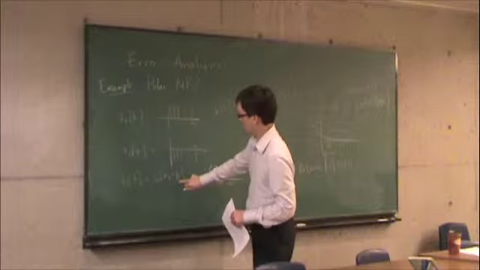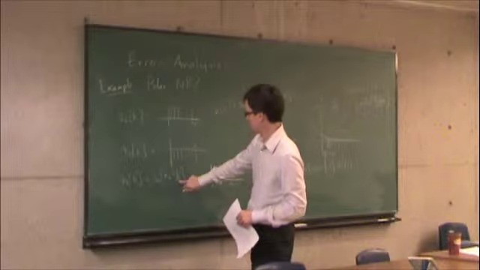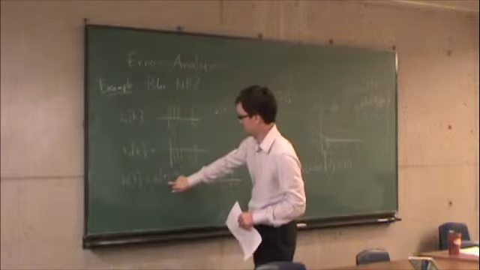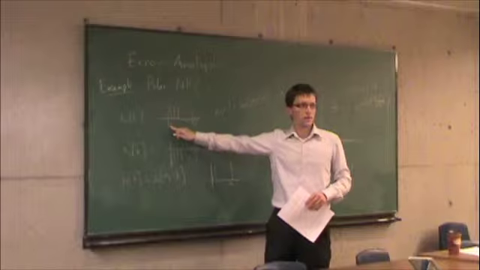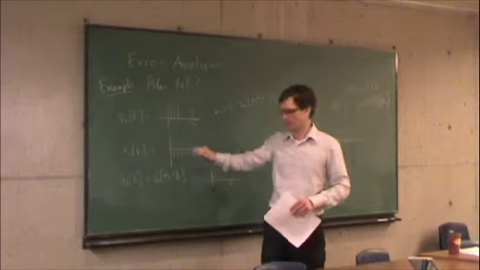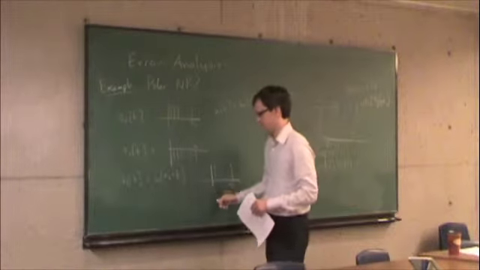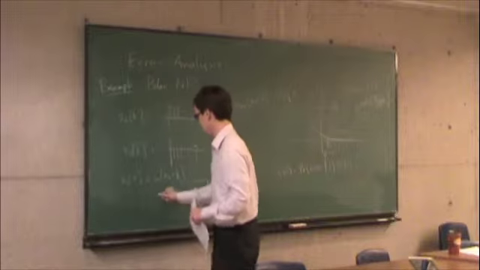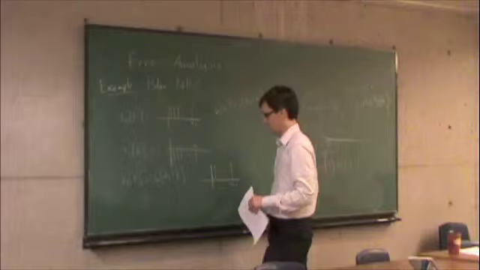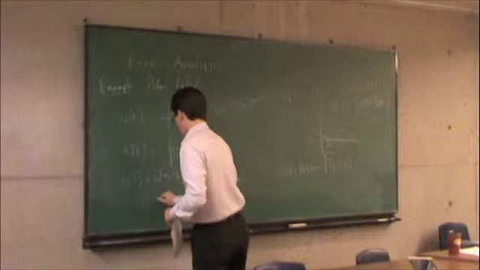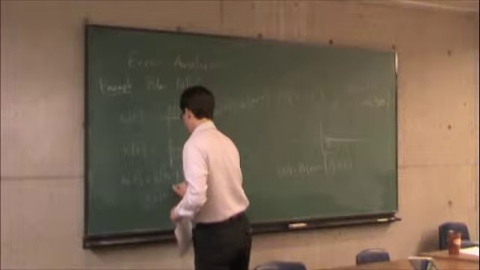If K is equal to NB, then we have S0 of NB minus NB, which is S0 of 0, which is 0. So in other words, H of K is equal to S0 basically shifted 1 to the left. So S0 of K plus 1.